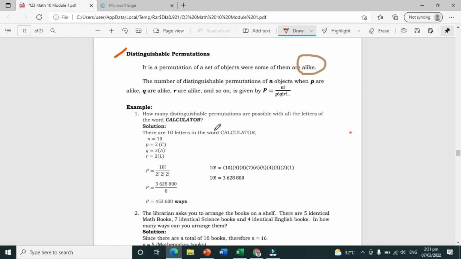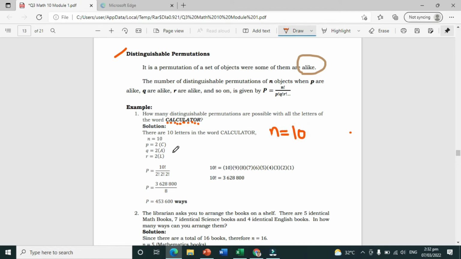So as you can see, how many letters are there in all? Let's count: 1, 2, 3, 4, 5, 6, 7, 8, 9, 10. So therefore n equals 10.